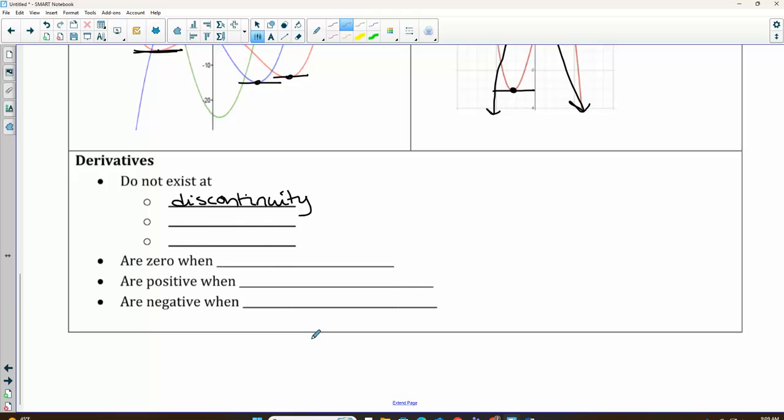A corner, good. Any sharp corners, there is no derivative because the tangent line isn't unique. Third option, vertical tangent, because the derivative is the slope of a tangent line, slope of a vertical line is undefined, so there's no derivative at a vertical tangent.